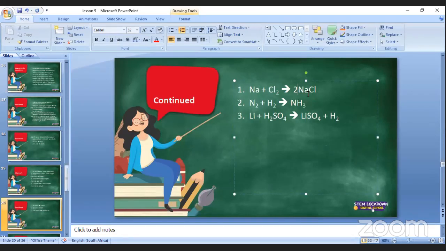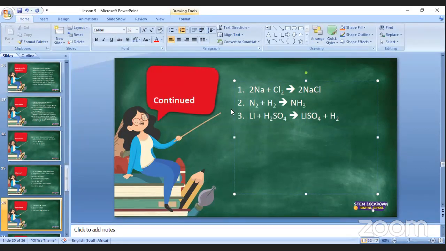It's not balanced now because on the right we've got 2 sodiums, and on the left we've got how many? 1. So we're going to put which coefficient here? We're going to put a 2. Then our equation is balanced now. We've got 2 sodiums on the left and 2 sodiums on the right, 2 chlorine on the left and 2 chlorine on the right.